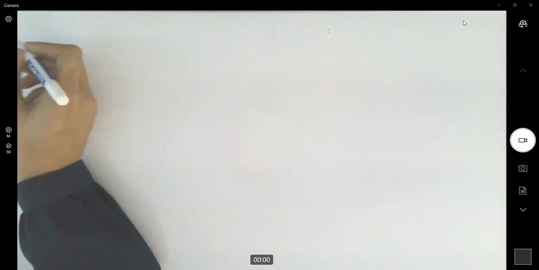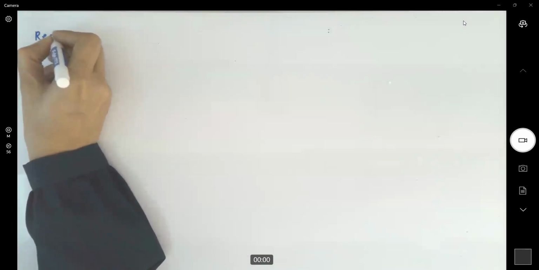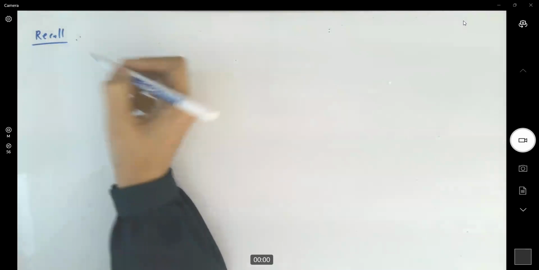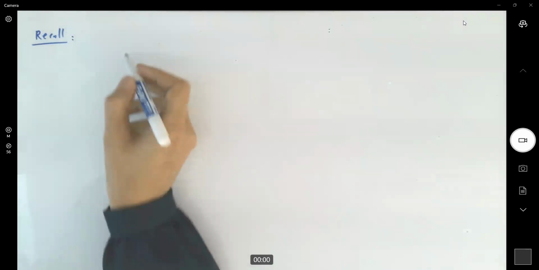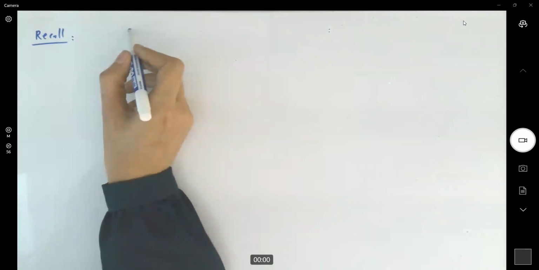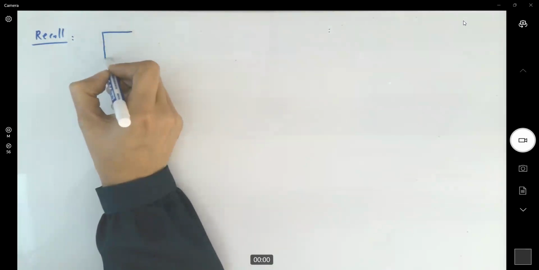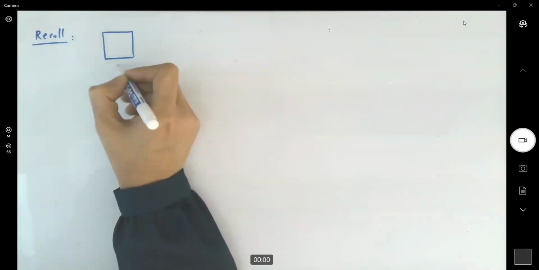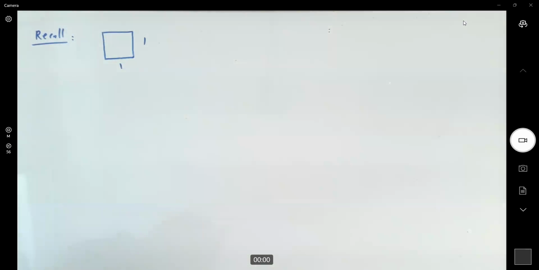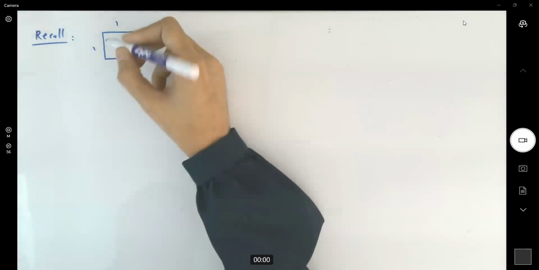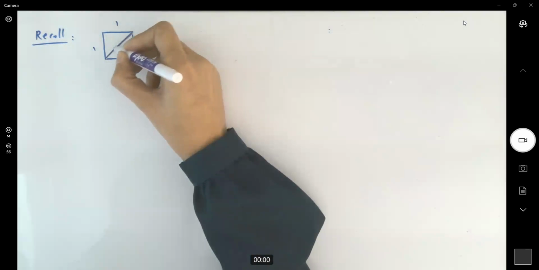So now we have the following statement. How do you show that square root of 2 is actually irrational? If you have a square with length 1, then the diagonal of this square has a length.